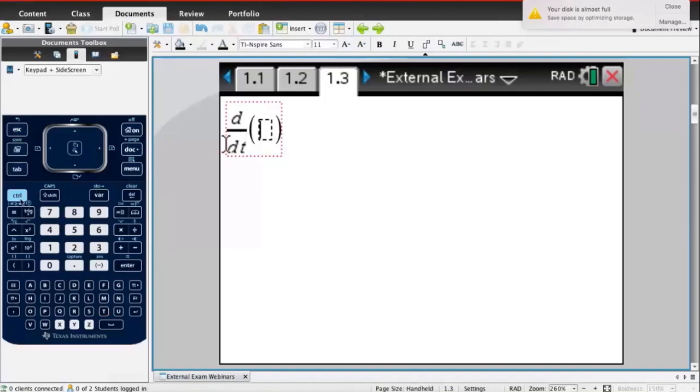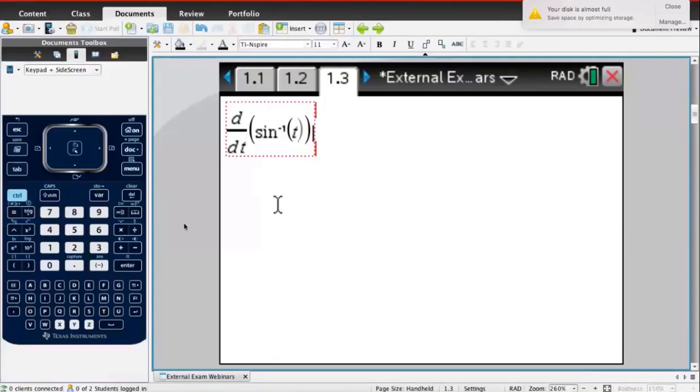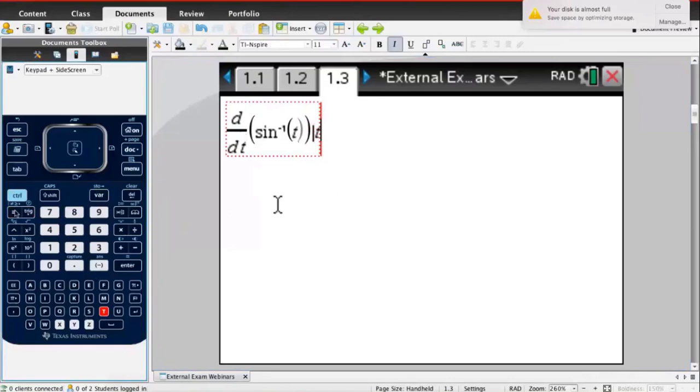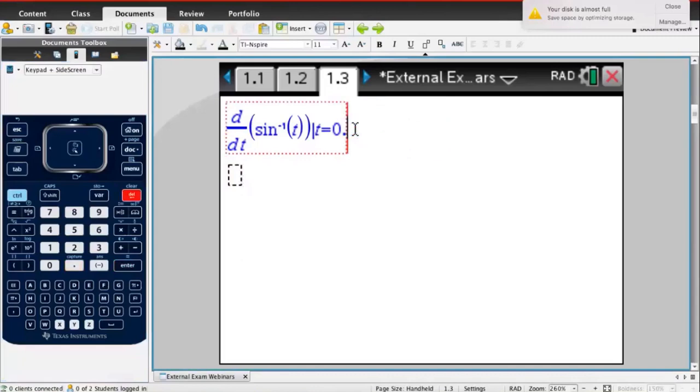So we'll put in sine to the negative 1 of t, and once again we need to put in this vertical bar and t equals 0.2, and you'll see the answer there, 1.02, which was answer B. Now the good thing about this notes page is you can edit that, you can change that to other values.